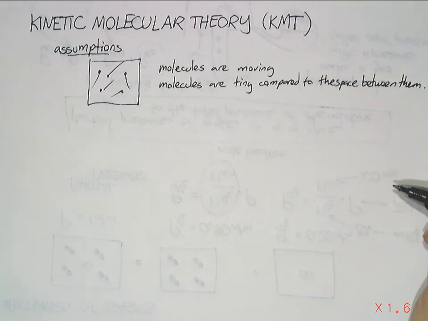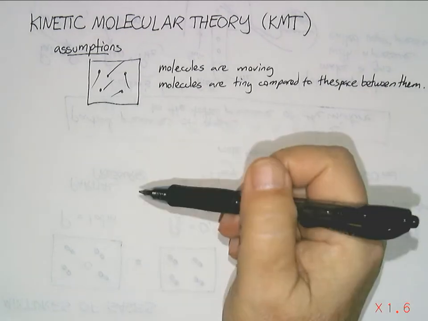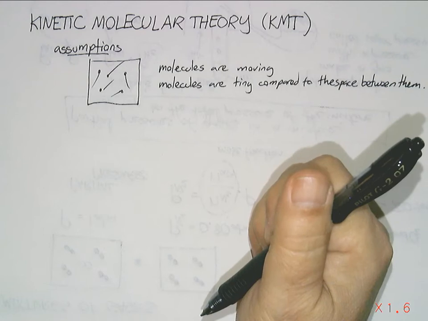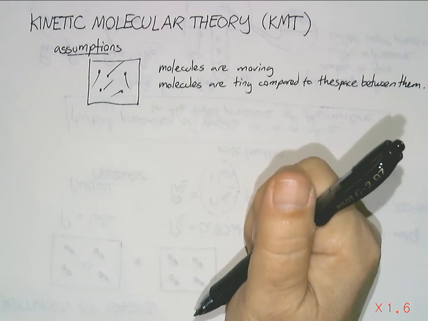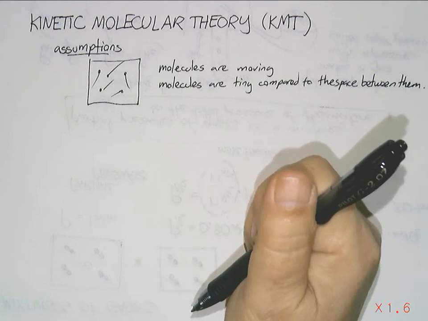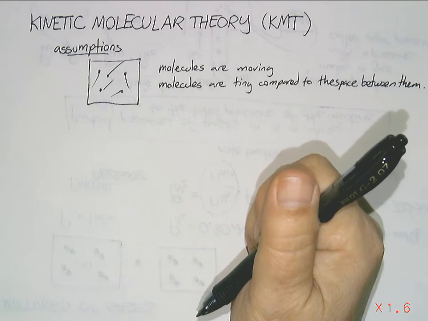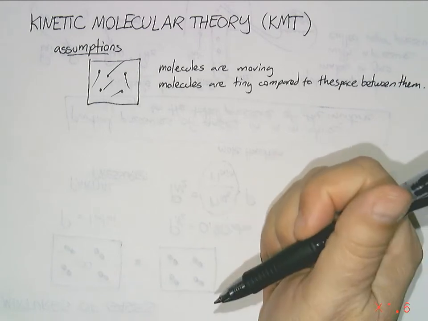And this is not a bad assumption. I mean, in air, the distance between molecules is about 1,000 times their diameter. So air is mostly empty space at room temperature and room pressure.